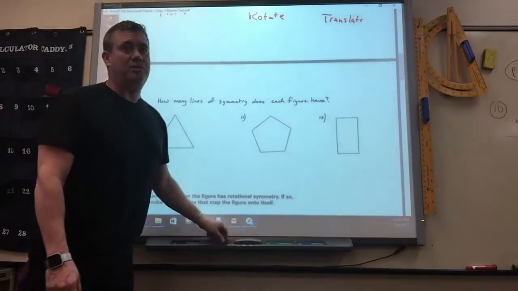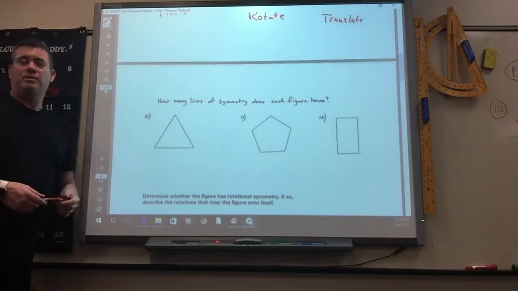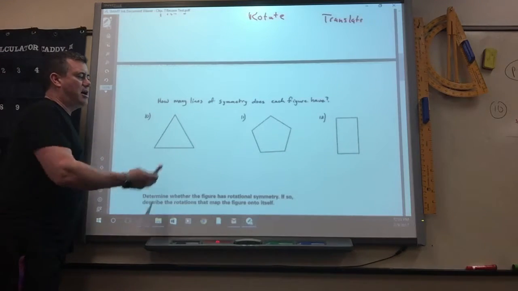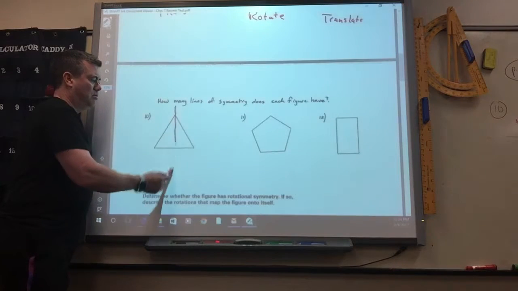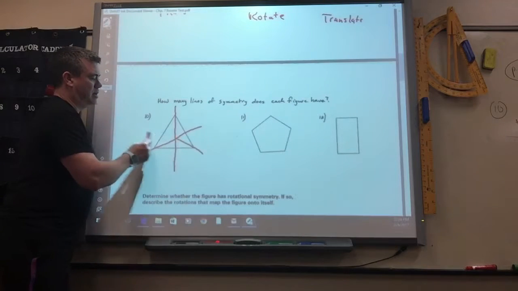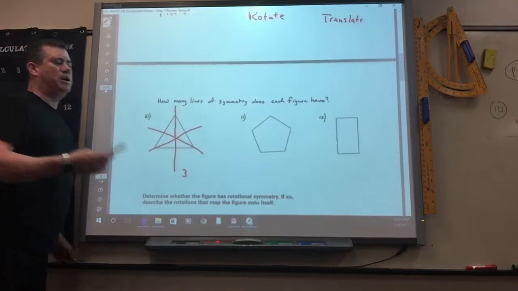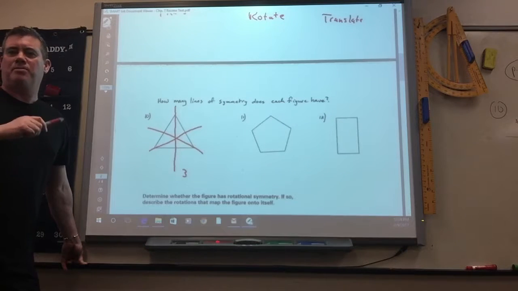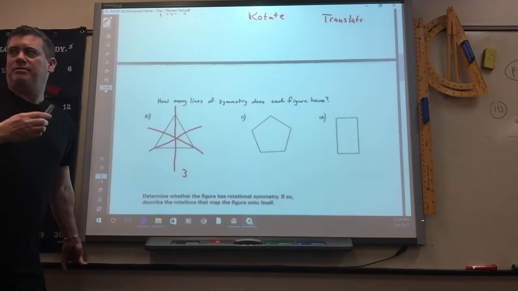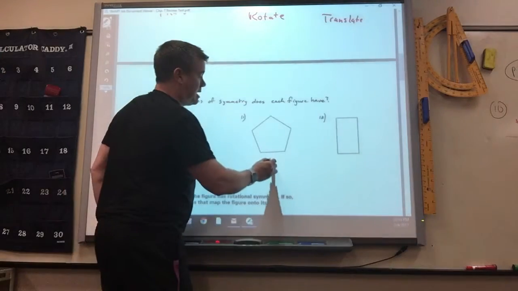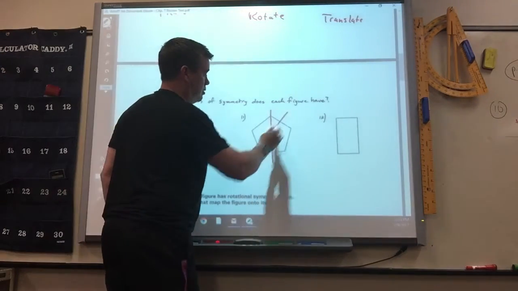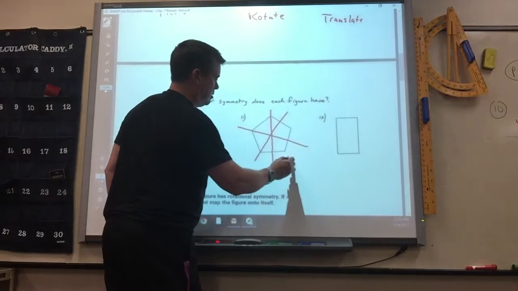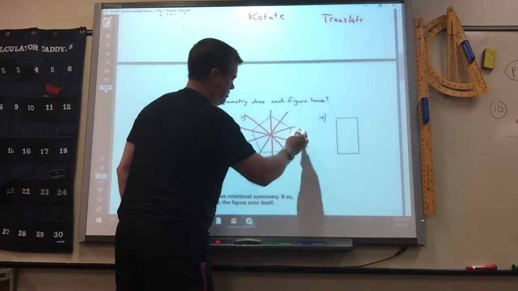Okay, lines of symmetry. How many can we draw? 1, 2, 3. So remember, if it's a regular polygon, however many sides it has, that's how many lines of symmetry it'll have. So since this is a pentagon, it would have 1, 2, 3, 4, 5.